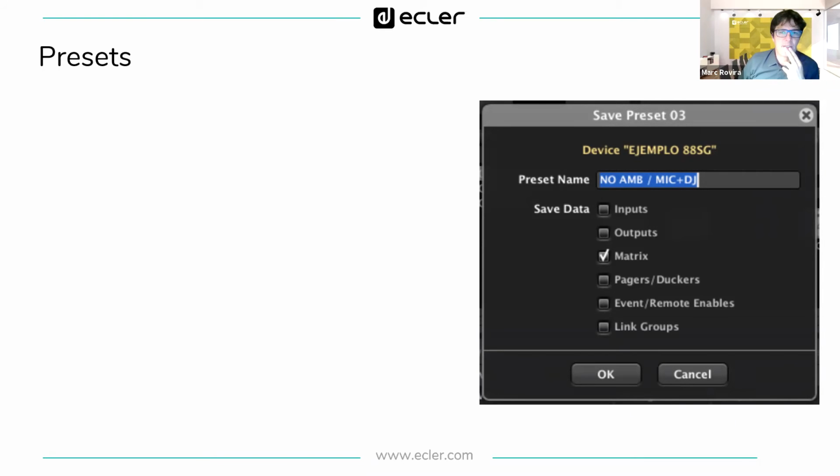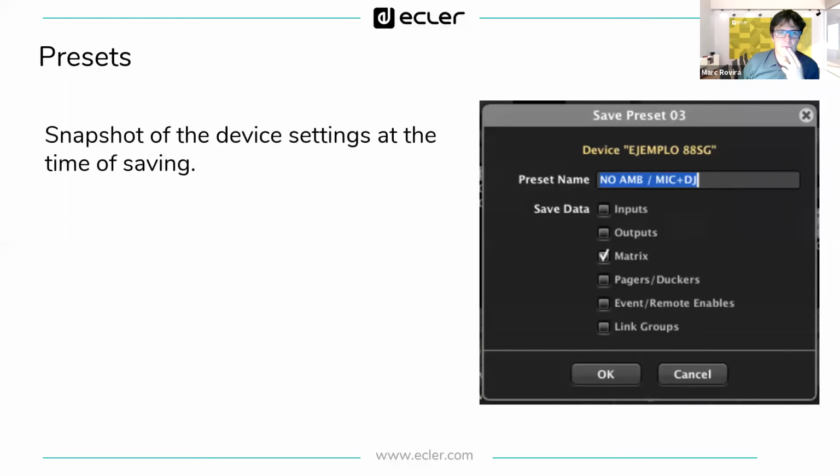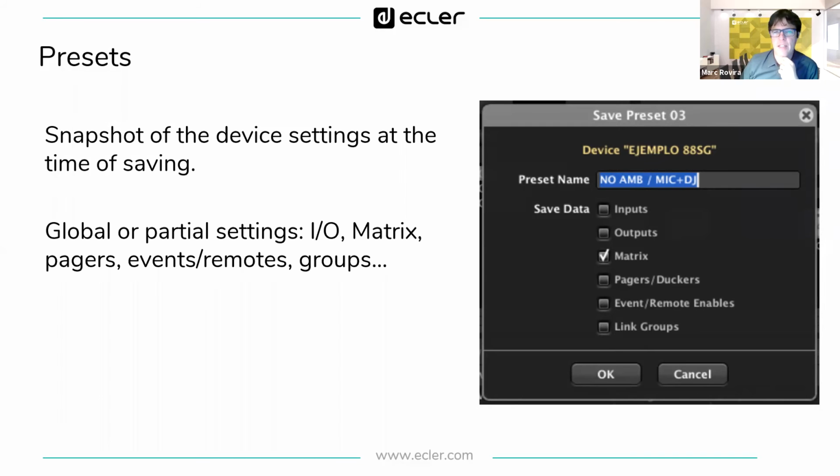So presets. A preset is a snapshot of the device settings at the time of saving. You save a preset and make a snapshot, but you can decide if you want the whole parameters of the device, or maybe just some of them stored partially.